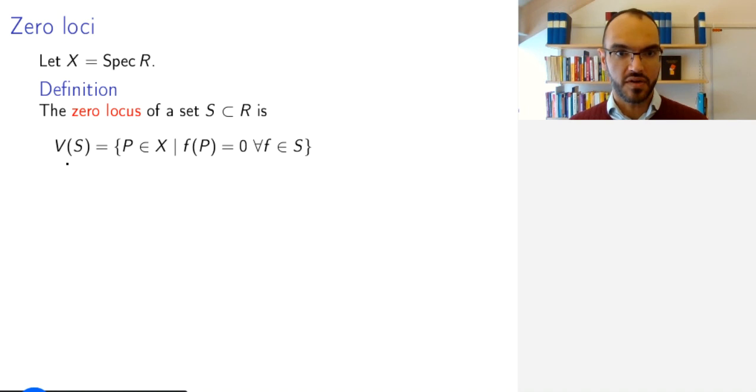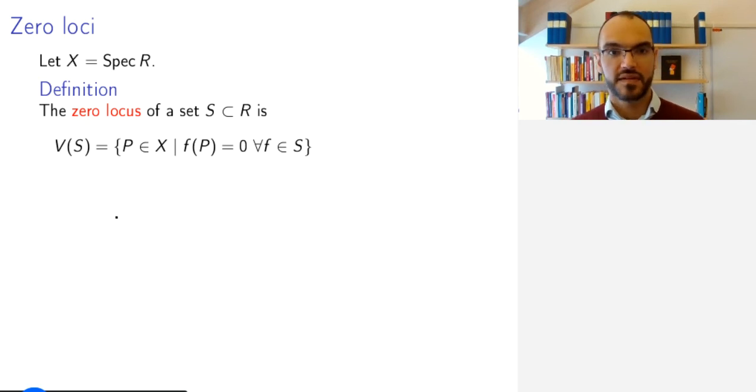So the zero set should just naively be the set of all points in the scheme, points now understood as prime ideals, where f vanishes, such that for any function f in S, f of p is equal to 0.